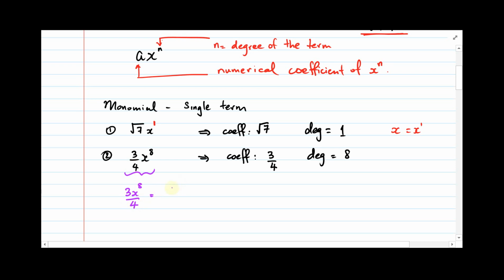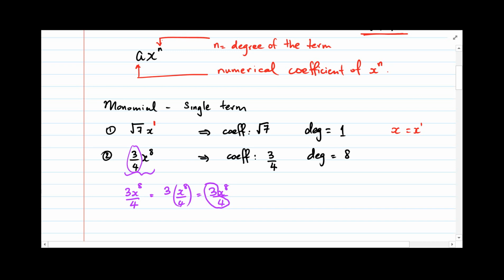Even if I had written it as 3x to the 8th over 4, it would be up to you to recognize the coefficient, the numbers in front of the variable.